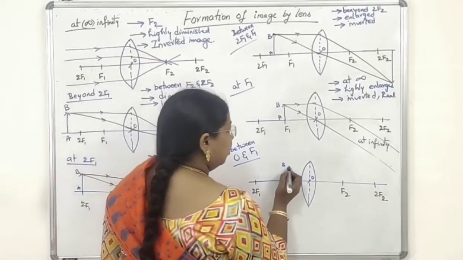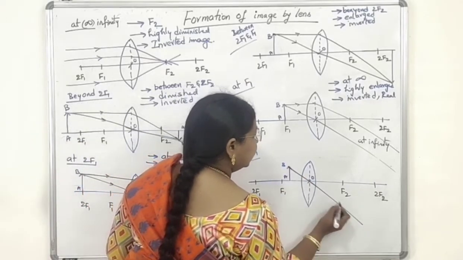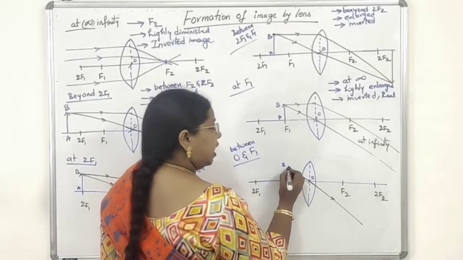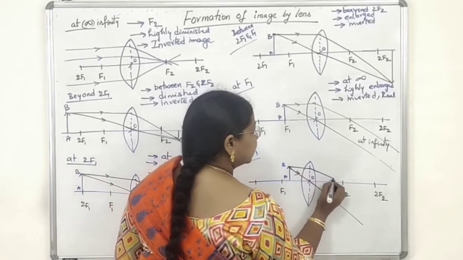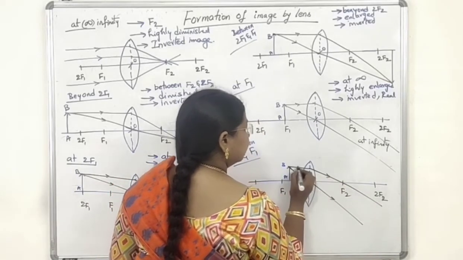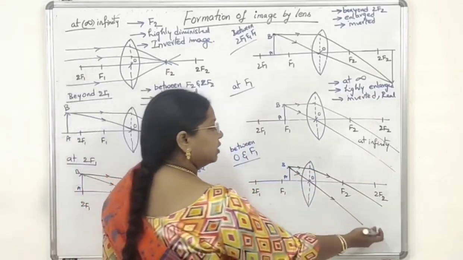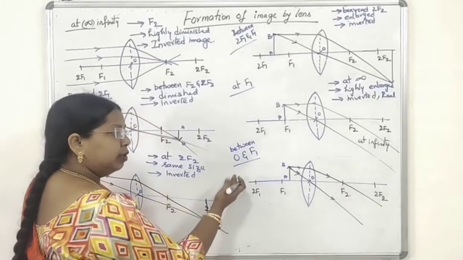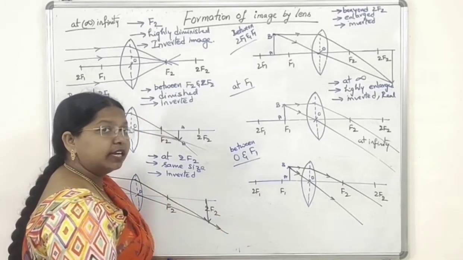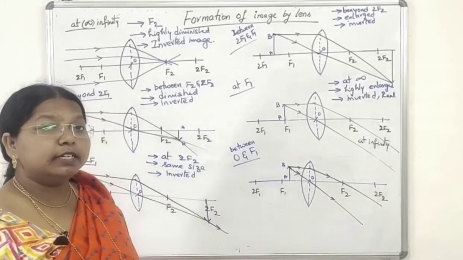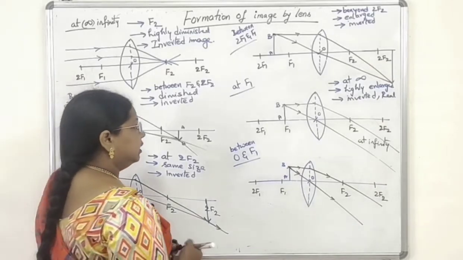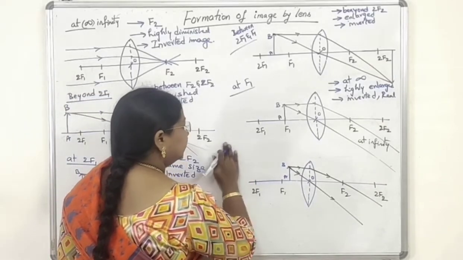Now one ray should pass through the optical center, we know that. And the other one parallel to the principal axis, like this. Where is the image now? Infinity is over, students. I told you the image will be on the same side, and it is a virtual image. So listen, I'll write it here.